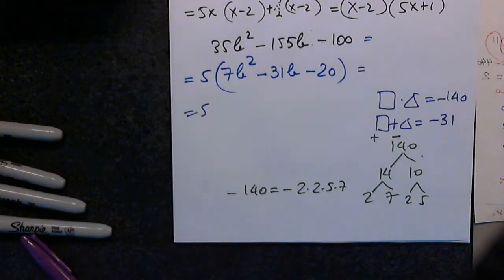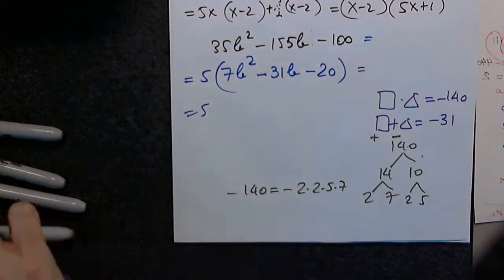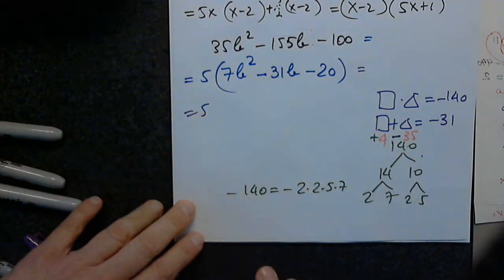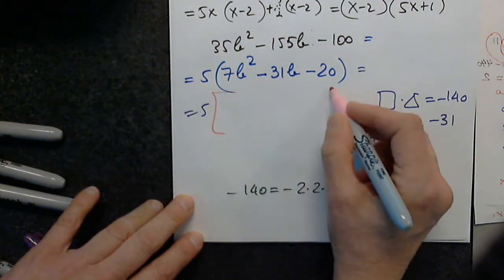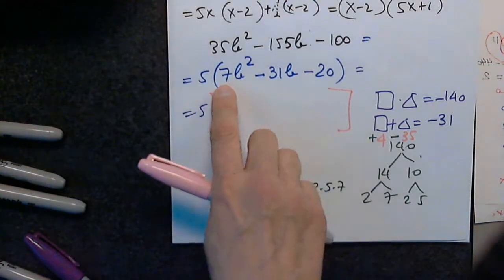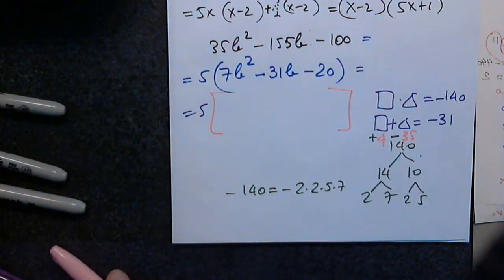So let's look at this. It's going to be negative 35 and positive 4. Good. Now I have to redo the whole thing and rewrite it because of that 7. That 7 in front messed me up and I had to write 4 terms.